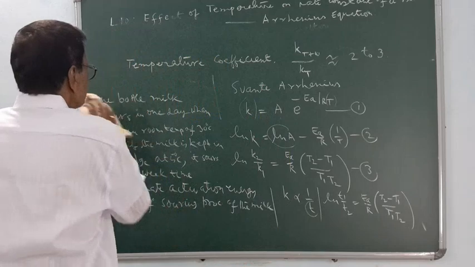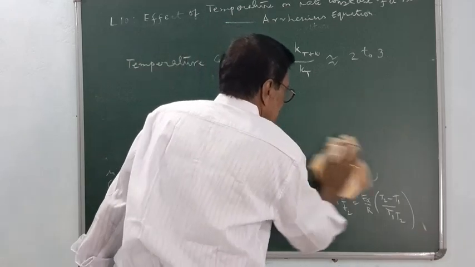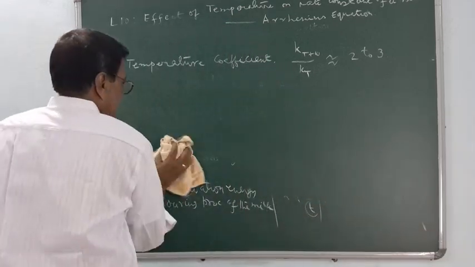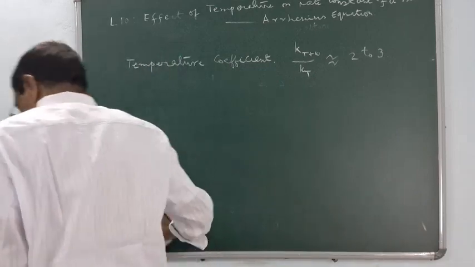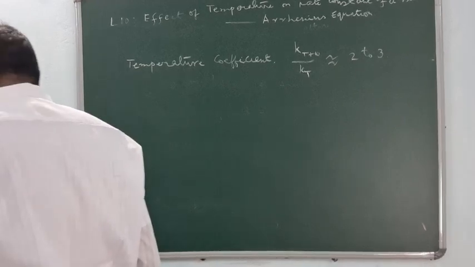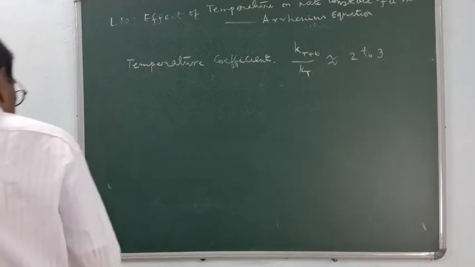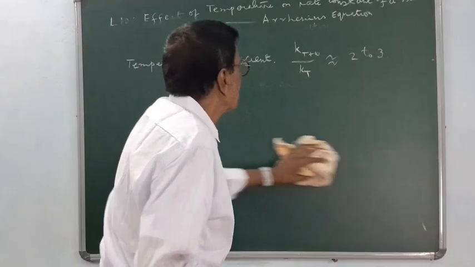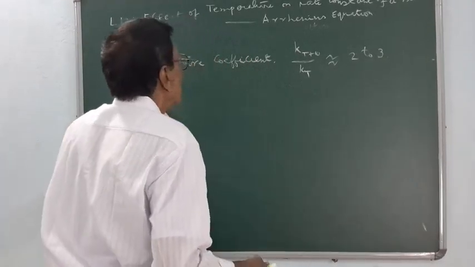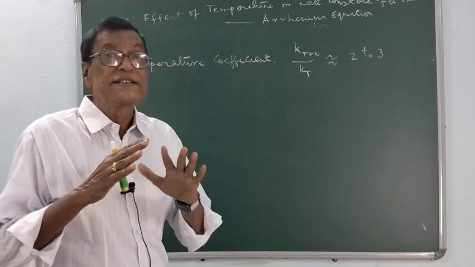So now another question. How is the Arrhenius equation coming up?